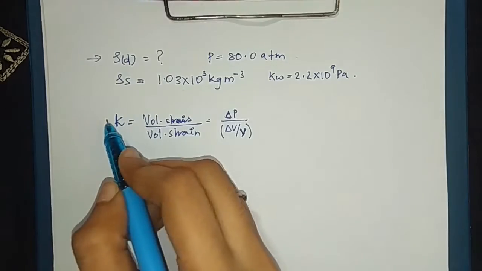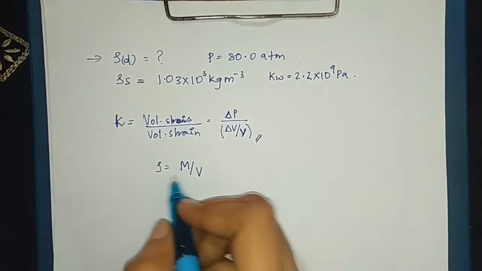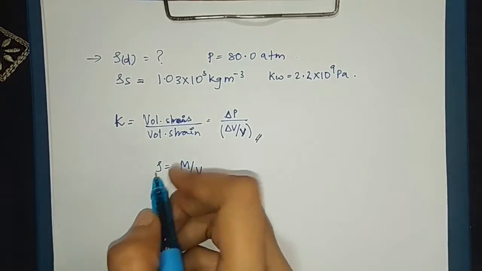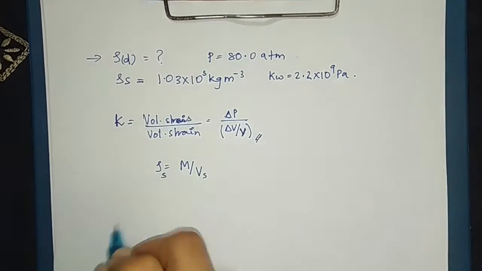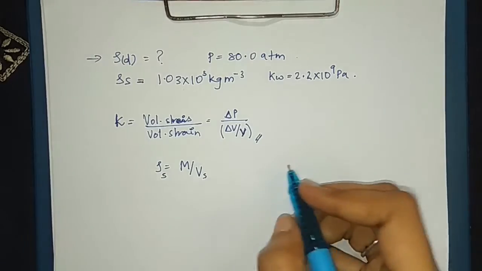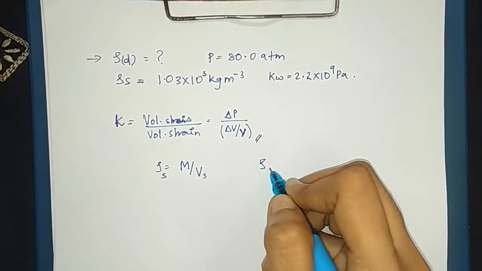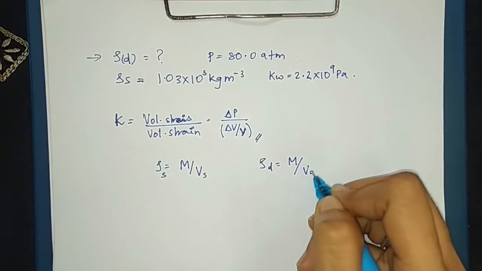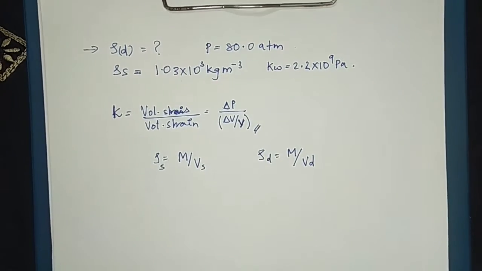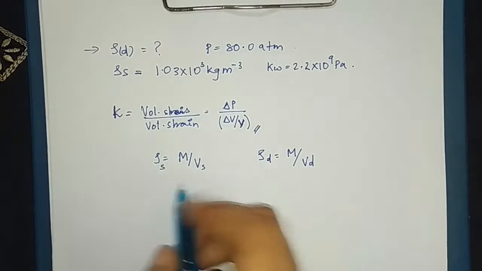So the bulk modulus formula is written, and the density formula is mass by volume. At the surface the density will be mass divided by volume at the surface, and the mass will obviously remain the same. Density at the depth is mass divided by volume at the depth, right? So let's take the ratio of both.